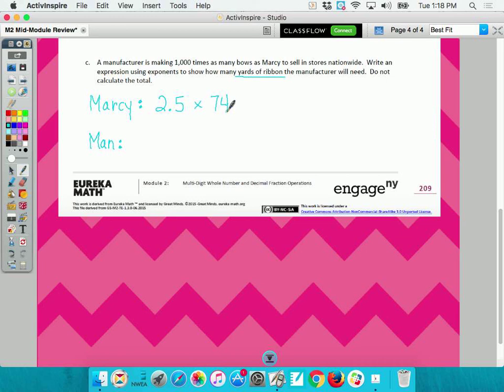What do you think? Think about it for a minute. And then you have to put an exponent in, like 10 to the first, 10 to the second, 10 to the third, 10 to the fourth. It's got to be one of those. Don't say anything, just think about it for a minute.